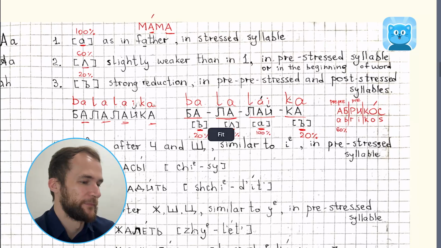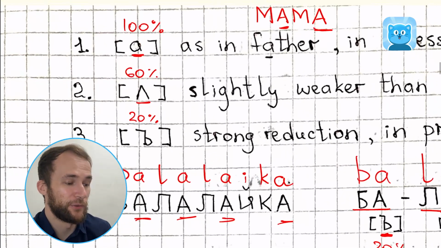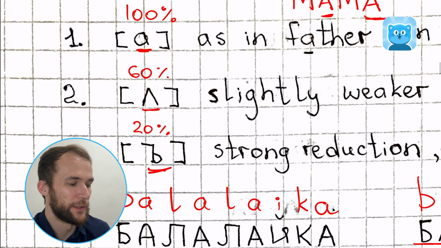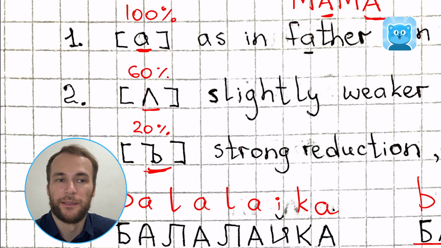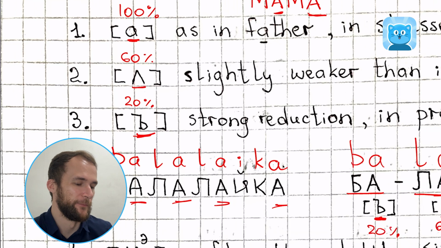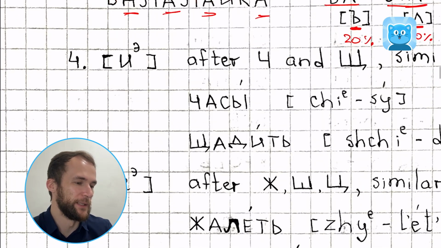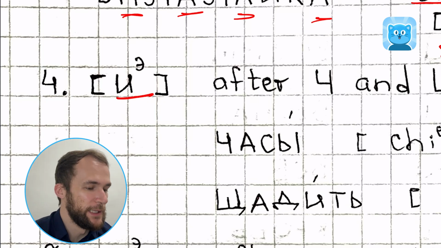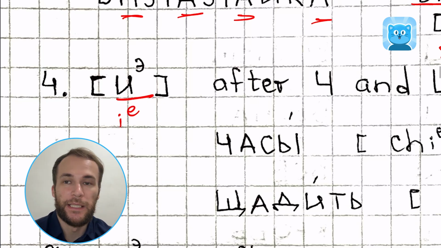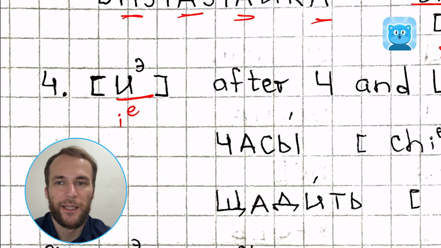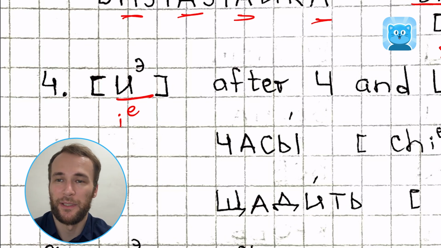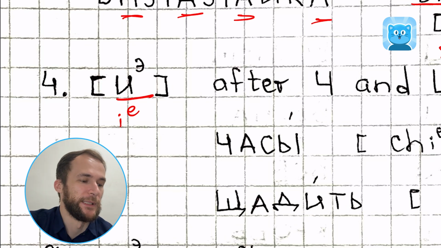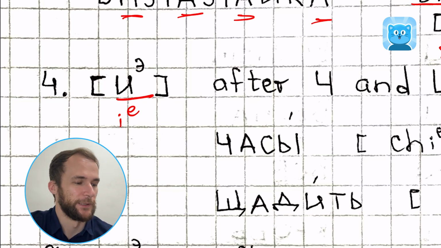Now, so these are the three sounds that the letter A can make, right? Okay. Now the next one is this sound. This one is E, and this one is E. So sometimes letter A can be pronounced as E. Okay.